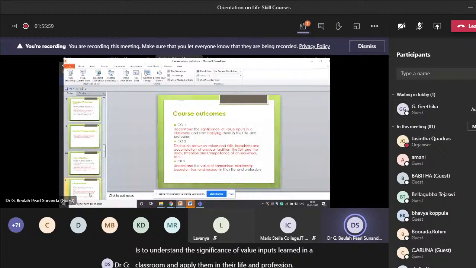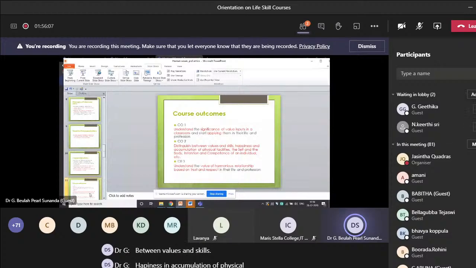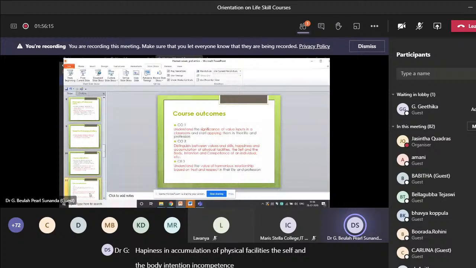They will be able to distinguish between values and skills, happiness and accumulation of physical facilities, the self and the body, intention and competence of an individual, and understand the value of harmonious relationship based on trust and respect in life and profession. Without these, you cannot get along in life.